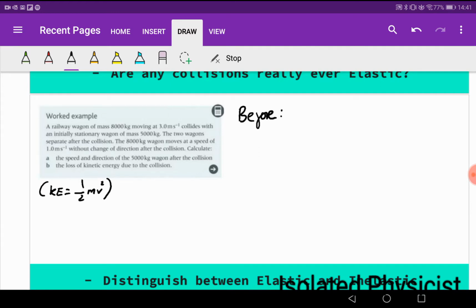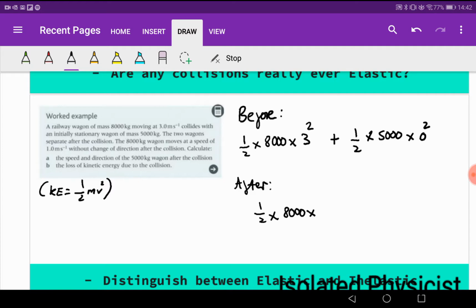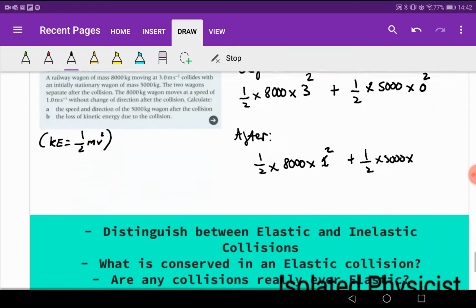So before, we've got a half times 8,000 times 3 squared, added to the other one, which is a half times 5,000 times 0 squared. And then after, we've got a half times 8,000 times 1 squared, and for the other one, a half times 5,000 times whatever our answer was up here, 3.2 squared.